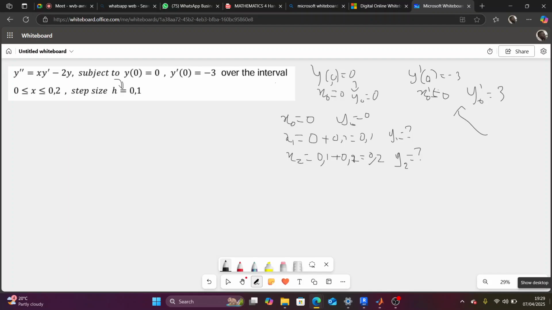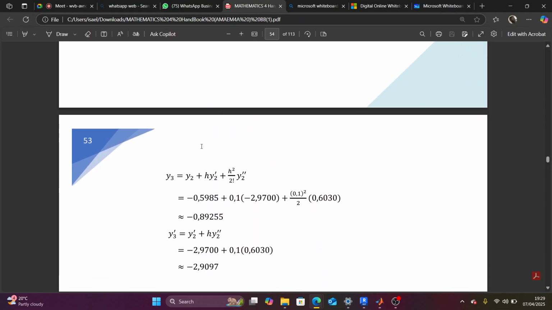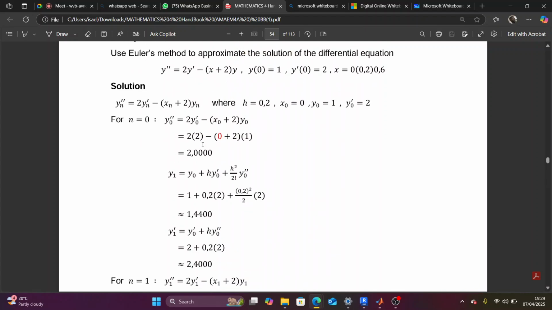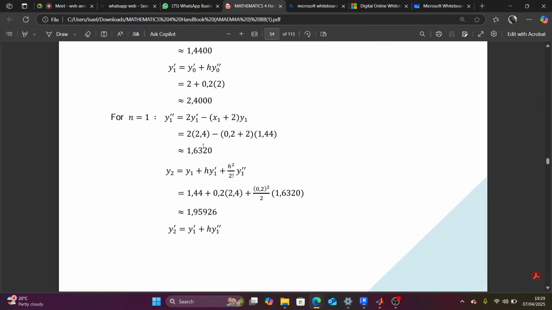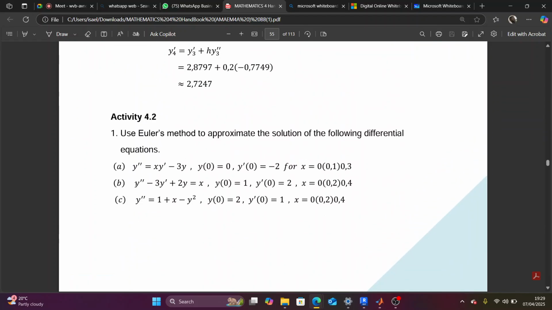Yes, Mr. Trinity. Now let me scroll down again. I just want to look for an example or a problem where it is not the subject of the formula. But you get the whole idea, right? Let's say like this one. What do you do first? You make y second the subject of the formula.